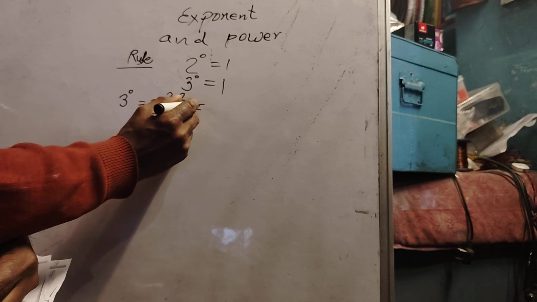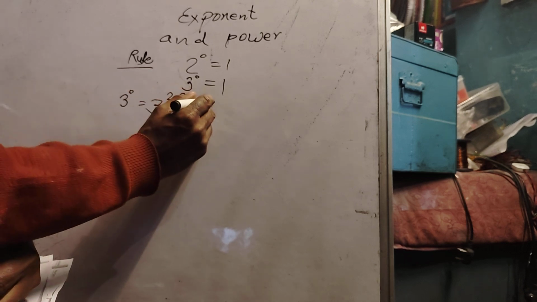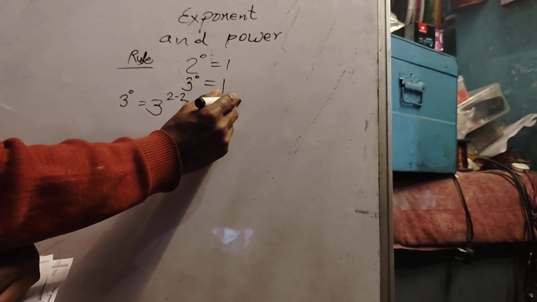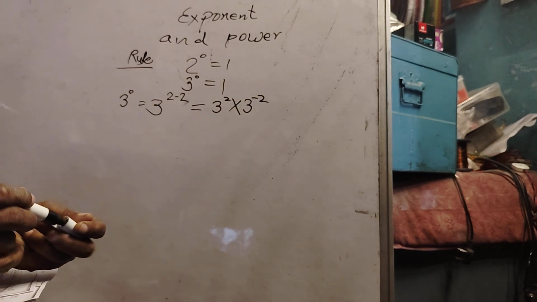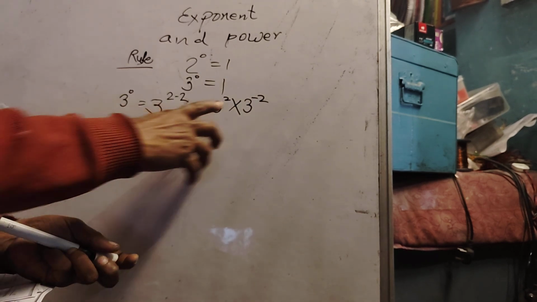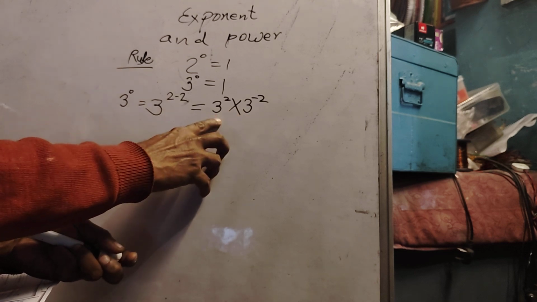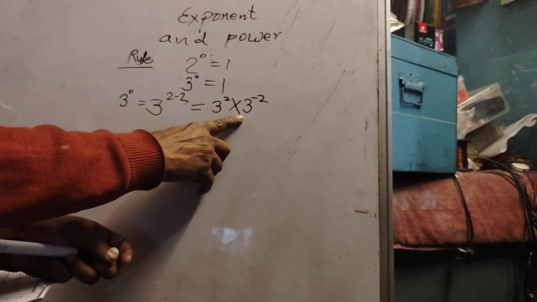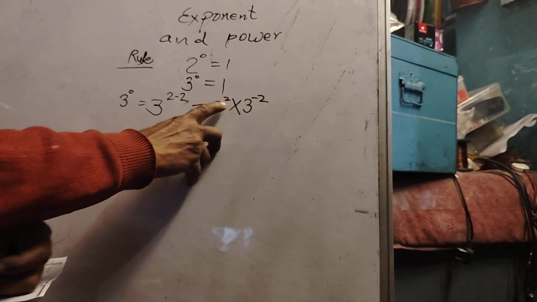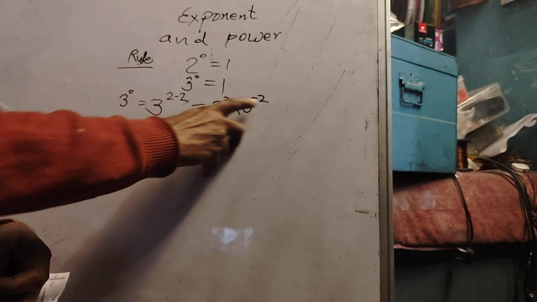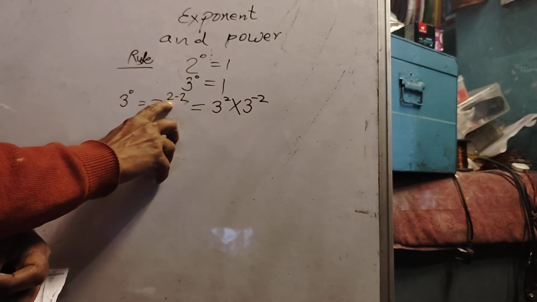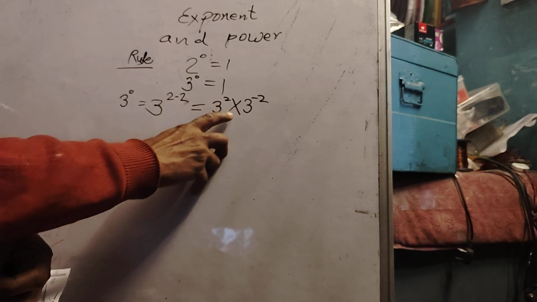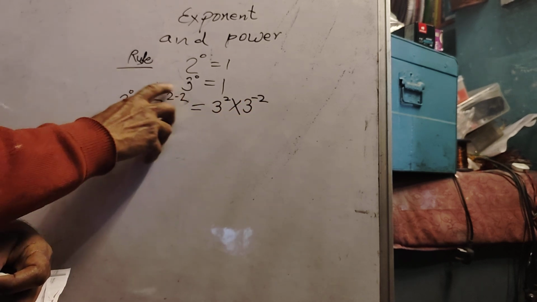Next, according to our exponent rule, the power I can separate out. Our rule says if the same base is there and between them there is a multiply sign, the power we can write separately. 2 minus 2 we can write as, so here we can write 3 power 2 times 3 power minus 2.